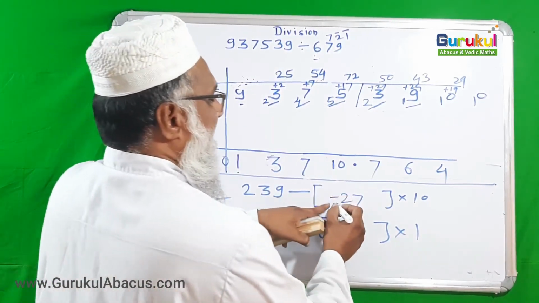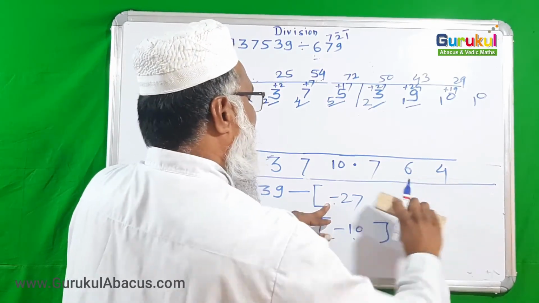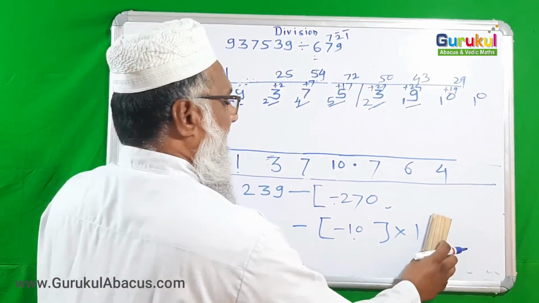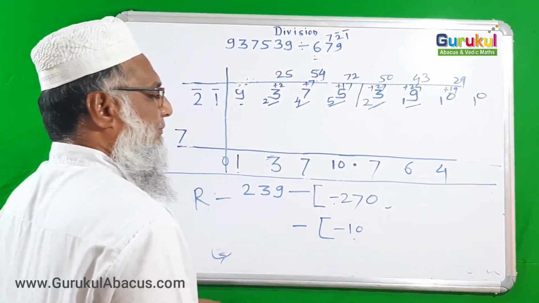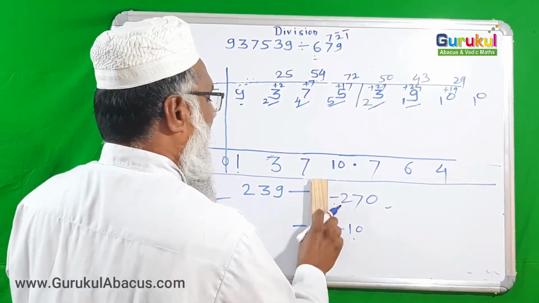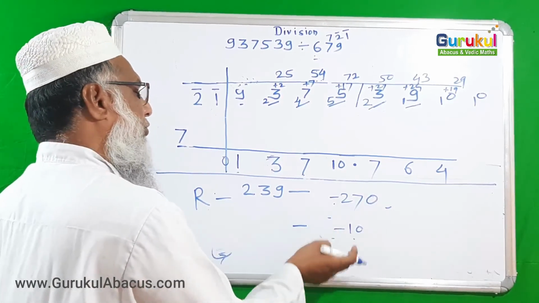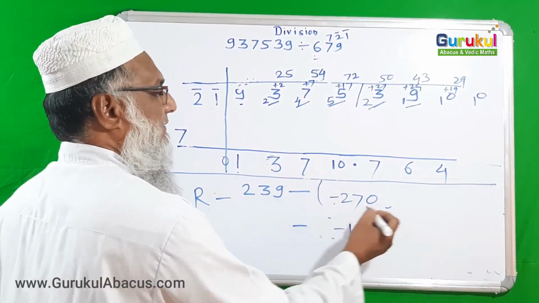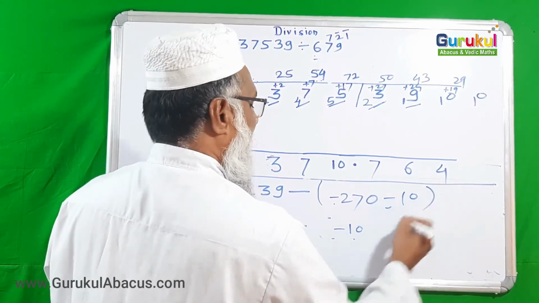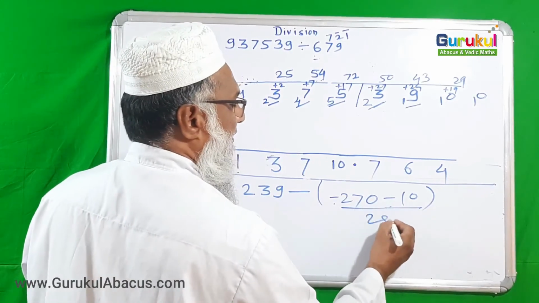Okay, now we are observing those 2 steps. It is minus 27 into 10, so definitely it is minus 270, you know it, and minus 10 into 1, it is minus 10 only. Now see, minus 10 and minus 270, both should be subtracted from it, means together 280 should be subtracted.